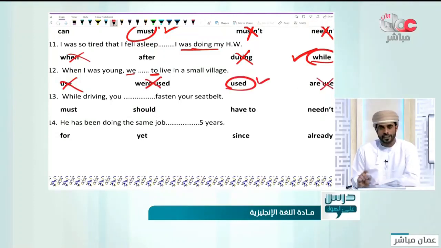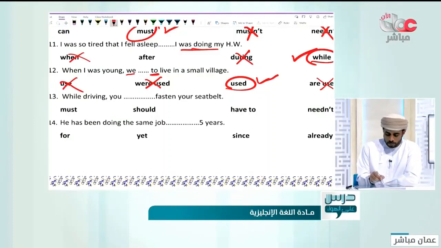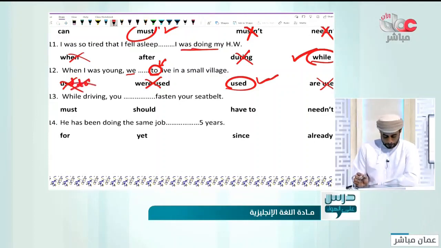No, this won't work. So the only one is this one, because it is a state in the past and is no longer going on. So we use used to. Good. Why did I say be careful with to? Because sometimes you may find to in here again, and it won't work.